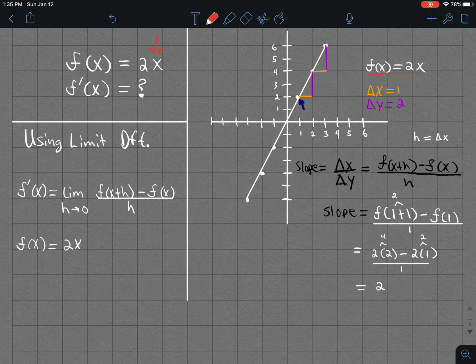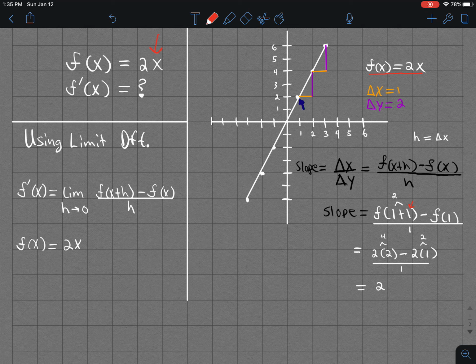Our starting point, like I said, is x equals 1, so we plug in f at 1. Then we have to figure out what our h, our change in x, is. We go from 1 to 2, so we are only increasing by 1. That's why we put the 1 right here.